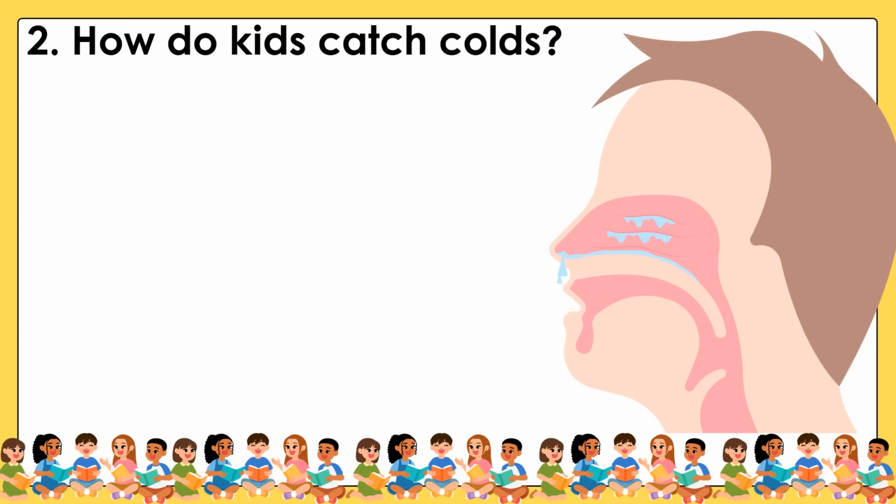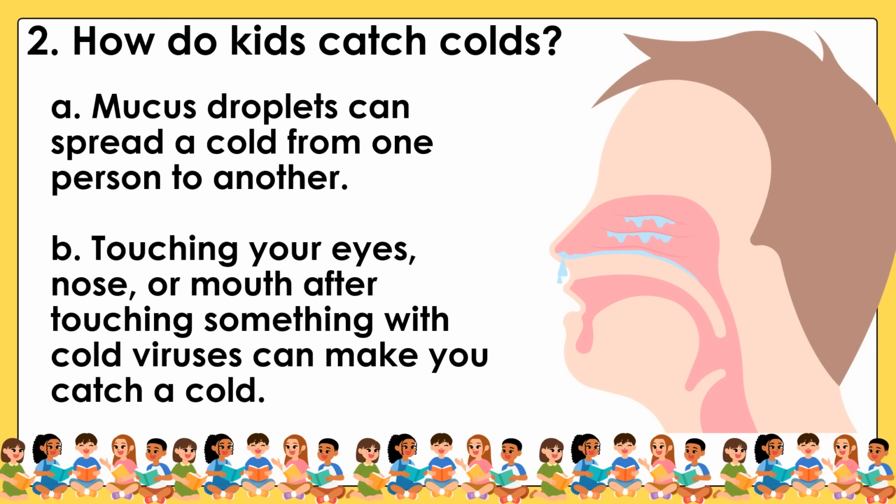Number 2. How do kids catch colds? A. Mucus droplets can spread a cold from one person to another. B. Touching your eyes, nose, or mouth after touching something with cold viruses can make you catch a cold.